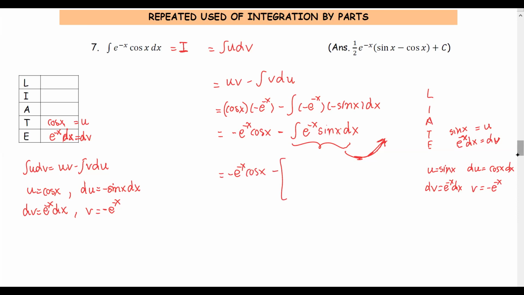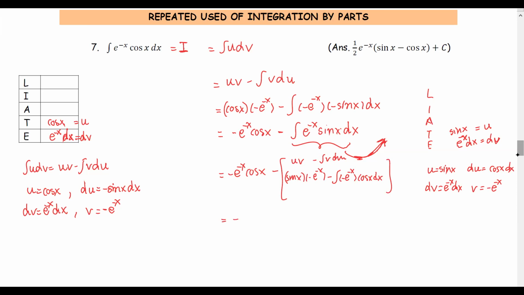So for the integral of e to the negative x sine x, as another set of the integral of u dv, we're going to use the same formula. U in this case is sine x. The v is negative e to the negative x, minus the integral of v, which is negative e to the negative x, and du is cosine x dx.